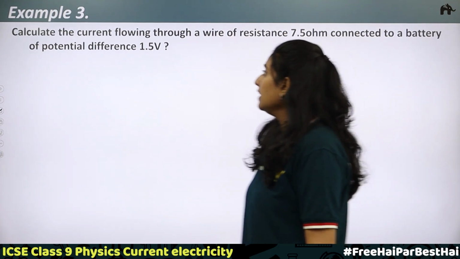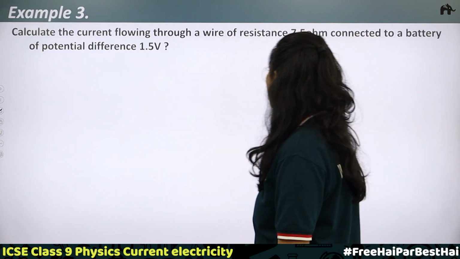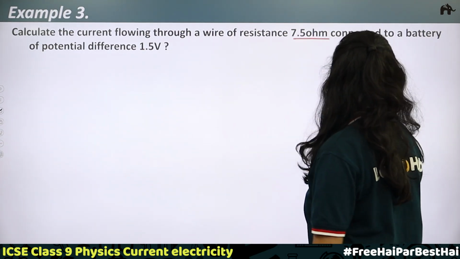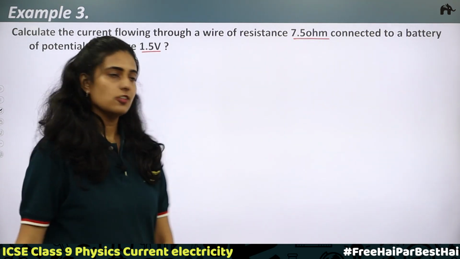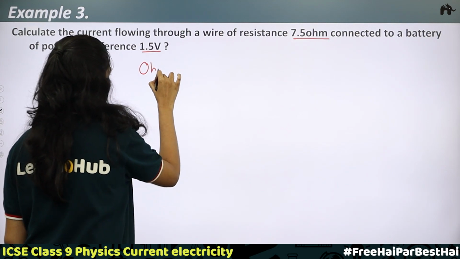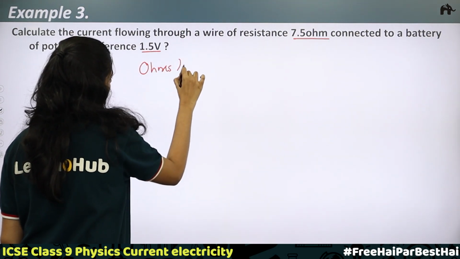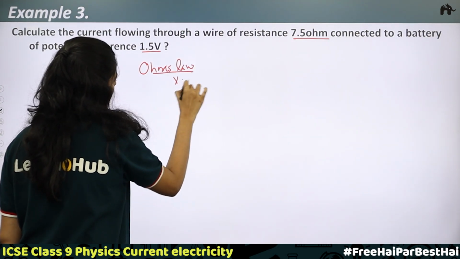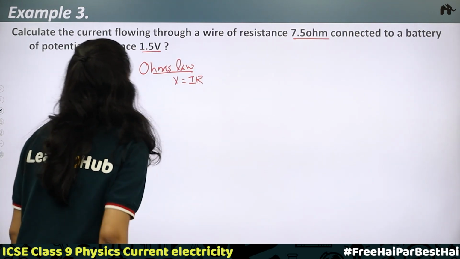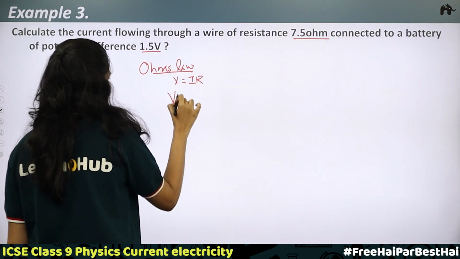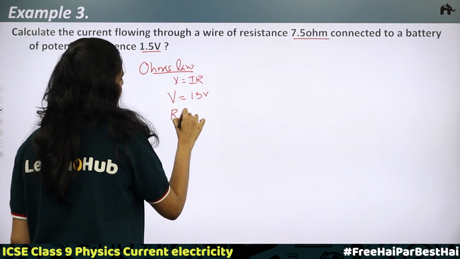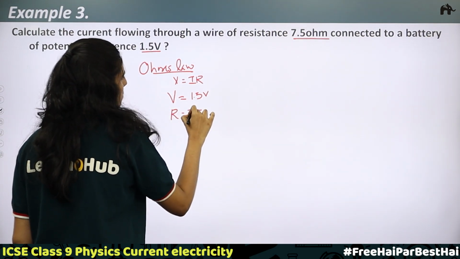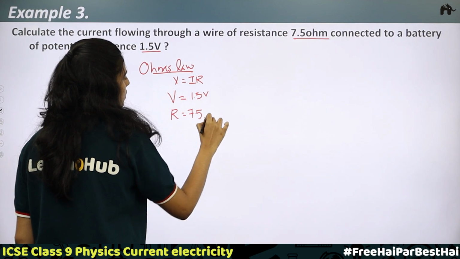Example 3, calculate the current flowing through a wire of resistance 7.5 ohm connected to a battery of potential difference 1.5 volt. Here again we are using Ohm's law. V is equal to I into R. Here we are given the potential difference V 1.5 volt and the resistance 7.5 ohm.